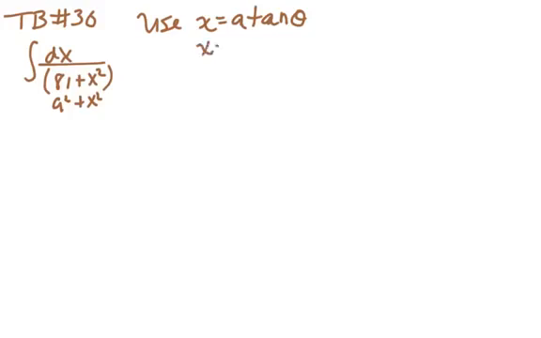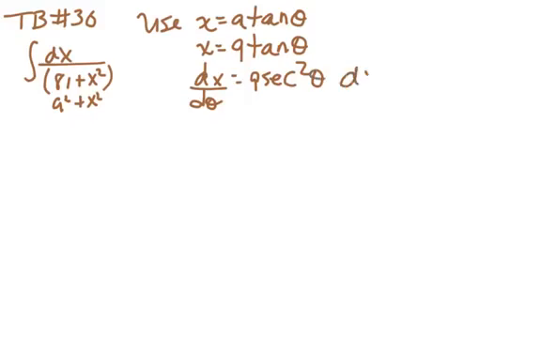So this is x equals 9 tangent theta. And dx over d theta is equal to 9 secant squared theta. So dx is equal to 9 secant squared theta d theta.